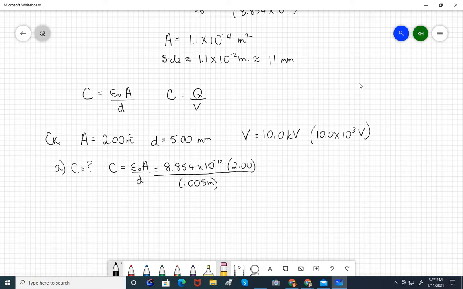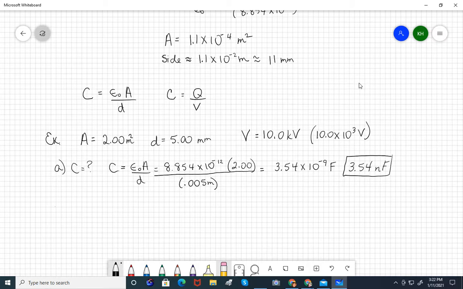And that comes out to be 3.54 times 10 to the negative 9 farads. Negative 9 is nano, so 3.54 nanofarads for the capacitance.